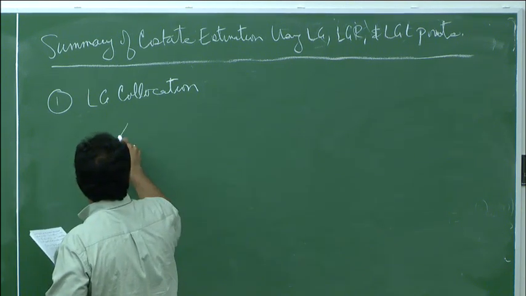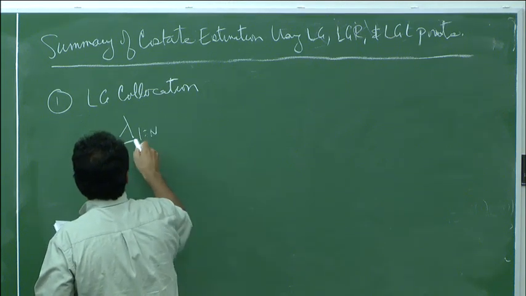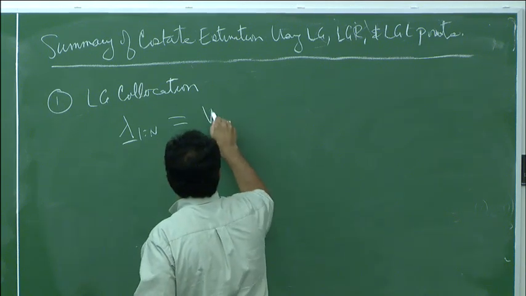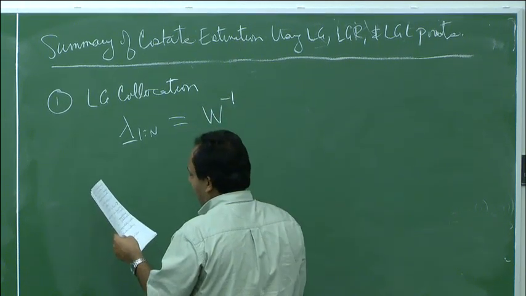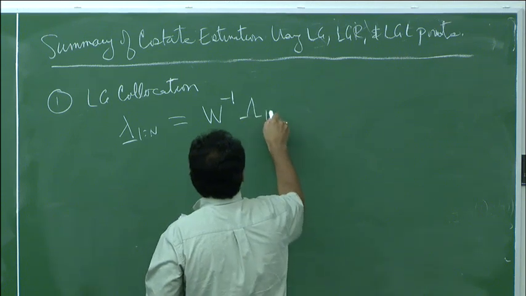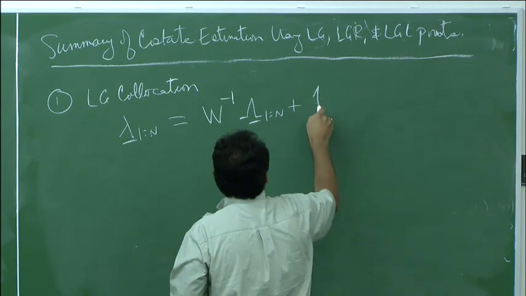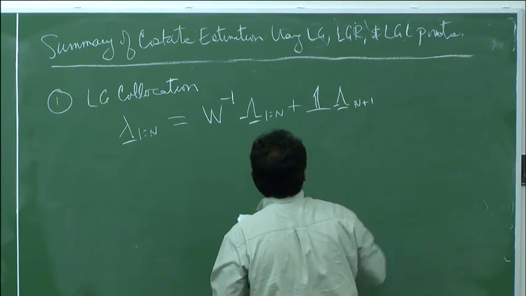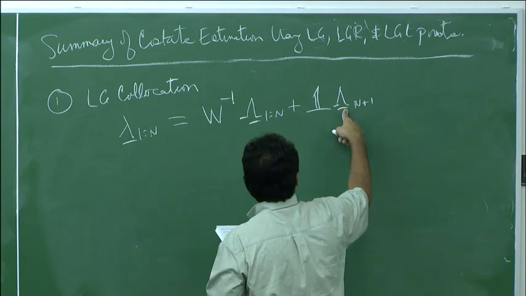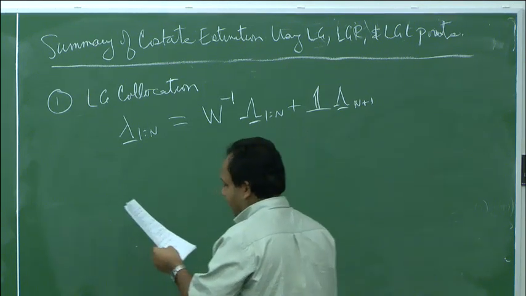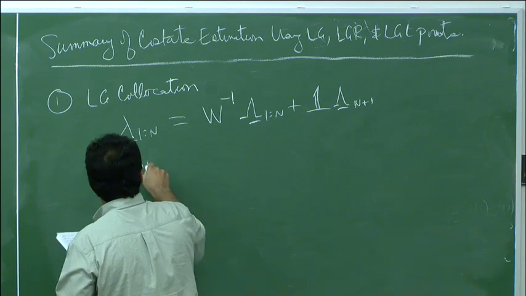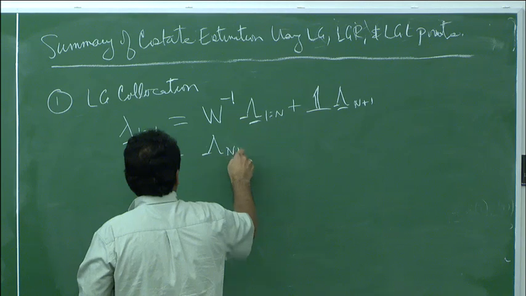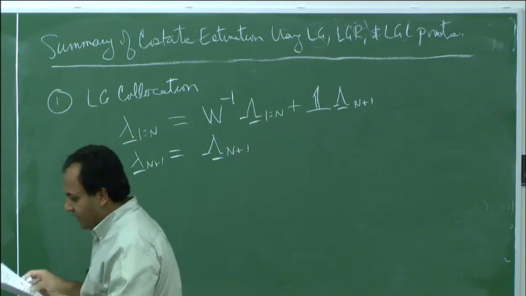The costate at the Gauss points, because remember 1 through n always represents the collocation points, so in this case the Gauss points, we get W inverse, the inverse of a diagonal matrix of Gauss weights, times lambda 1 colon n, plus a column vector of 1s times the Lagrange multiplier at the final point. This is the Lagrange multiplier associated with the quadrature equation, right? And then lambda n plus 1, the costate estimate at the final point, is just equal to the Lagrange multiplier at the final point.